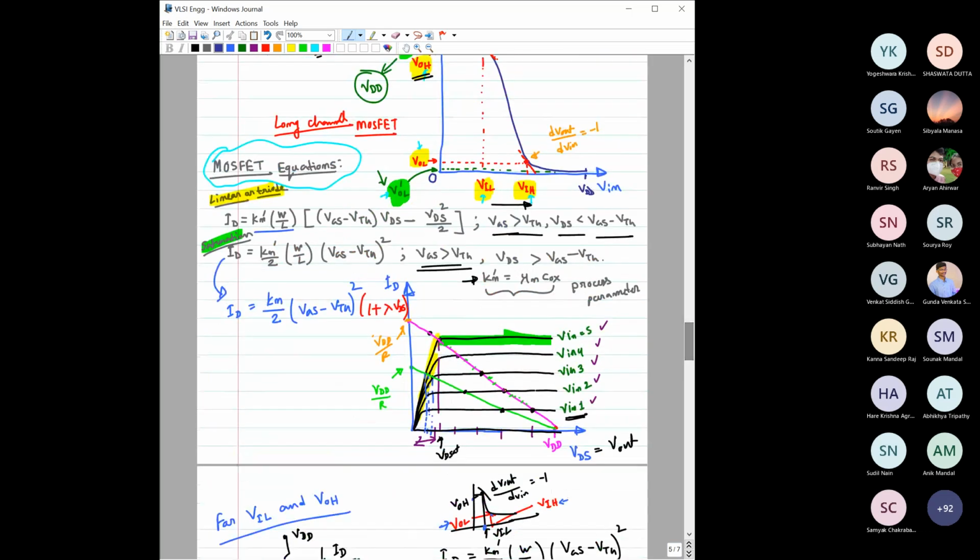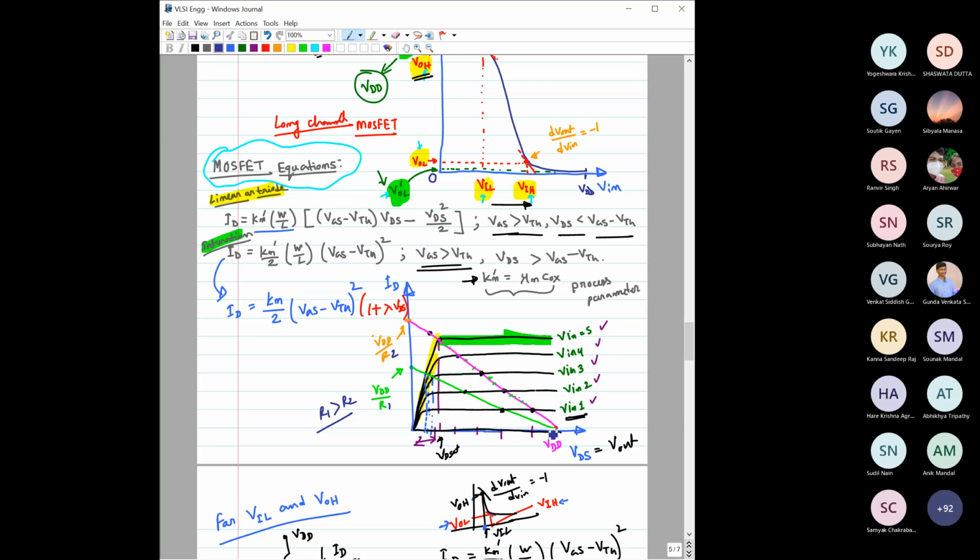If you see this, can you give me a comment for this green and this pink, where the resistance value is higher? Green one. So say it's R1, say R2. Then here R1 is greater than R2, right? And we have already discussed that for this green one, the transition will be much faster, because you can see here the change is like here, then here, then here, then here.